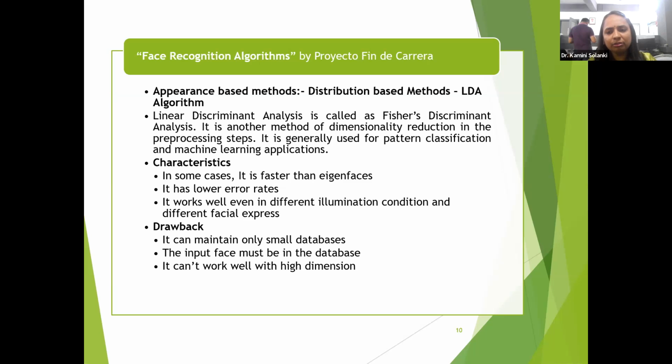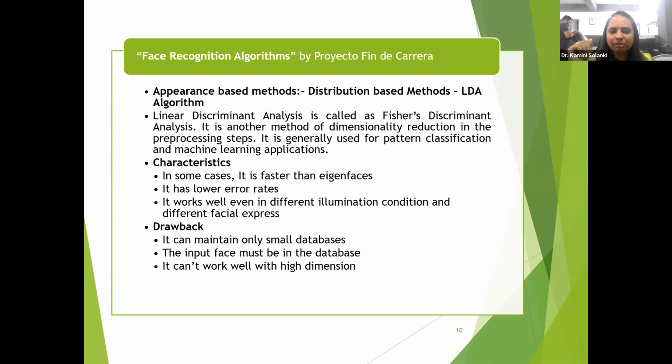Next is another appearance based method, the LDA algorithm. LDA means linear discriminant analysis. This algorithm uses a linear sequence, and you can classify the features and match that pattern classification with the database classification. It is generally used for machine learning purposes.